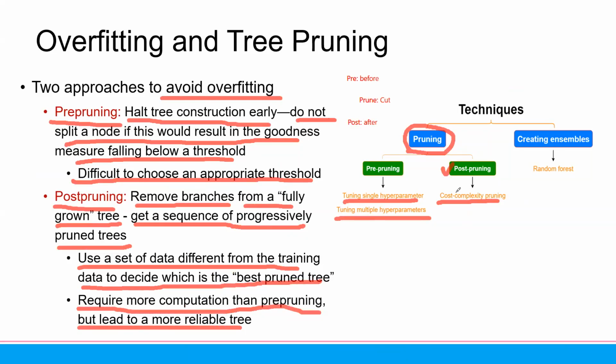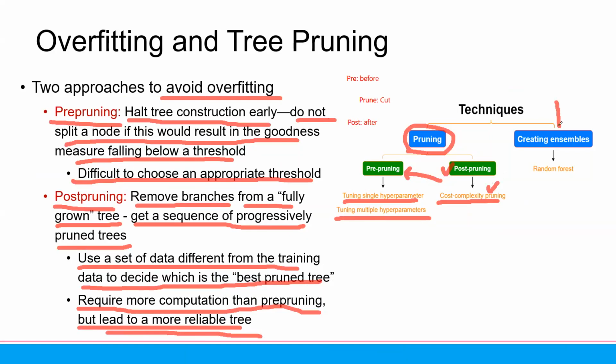The algorithm will learn and learn and learn, so the complexity will be higher. This post-pruning is higher than pre-pruning, so it depends on what we want to achieve. However, it leads to a more reliable tree. So using post-pruning, it will give you a better tree.